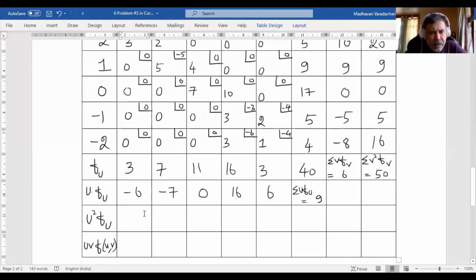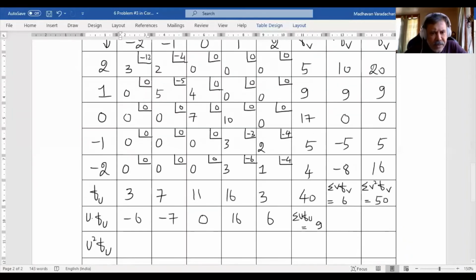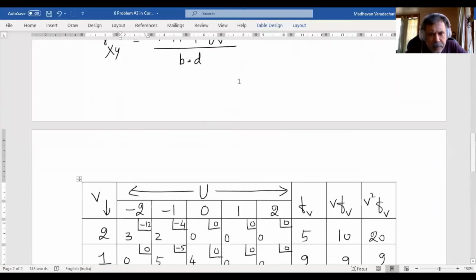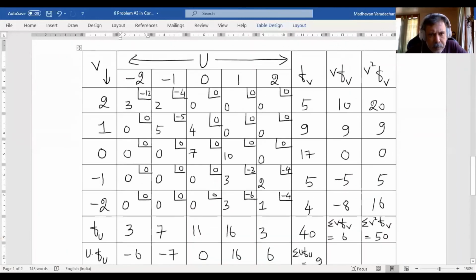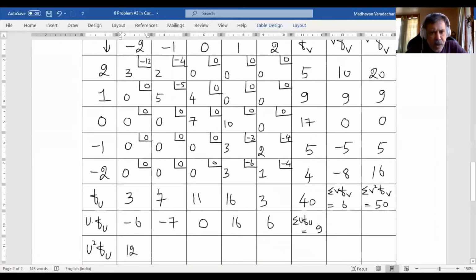Okay. Let us come here. U square into fu means this u into fu multiplied by u value, I will get that u square into fu. That means minus 2 into minus 6. It is positive 12. Then minus 1 into minus 7.